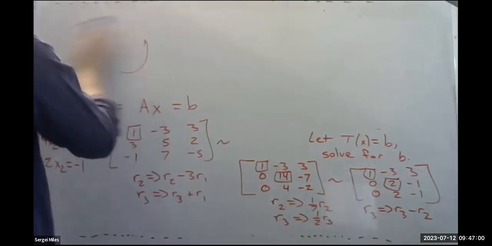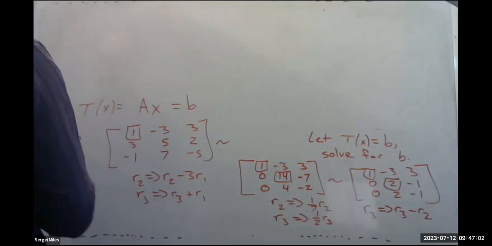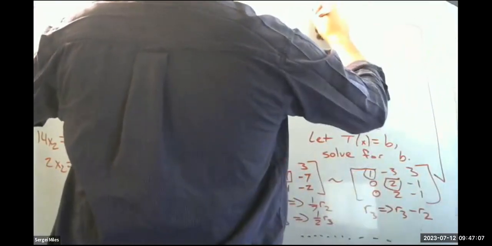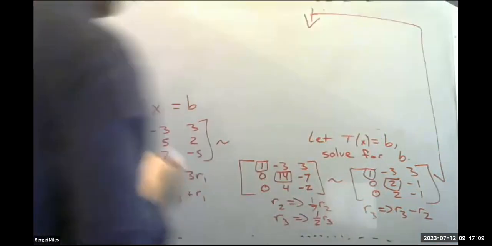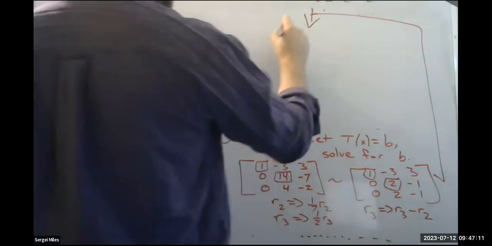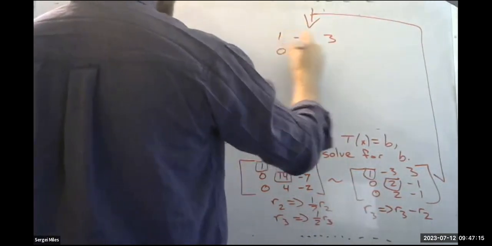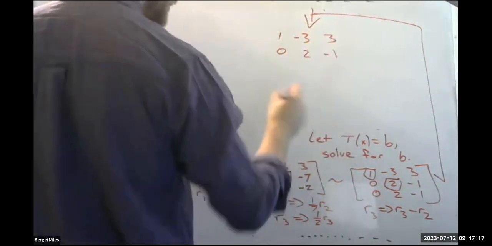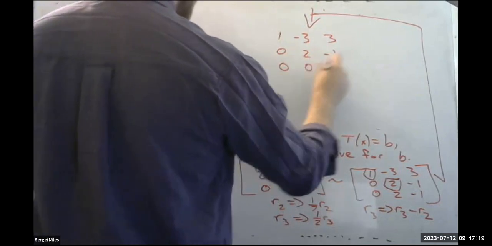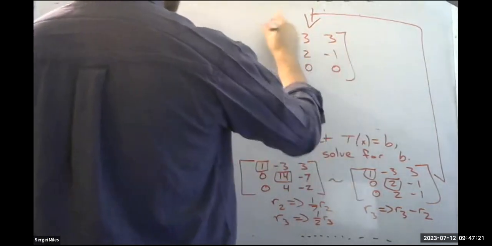So let me make some space here. This very last step, then, we're going to have 1, -3, 3, 0, 2, -1, 0, 0, 0, and we're done.